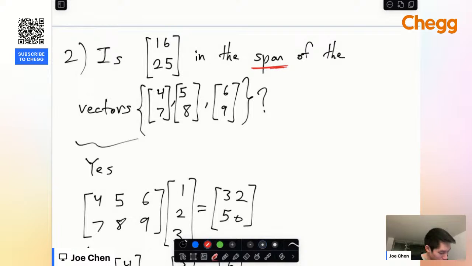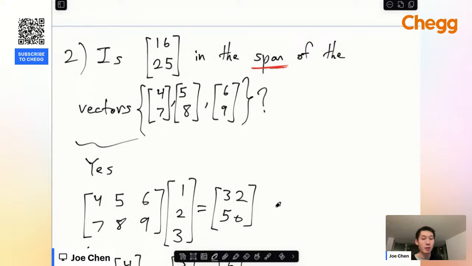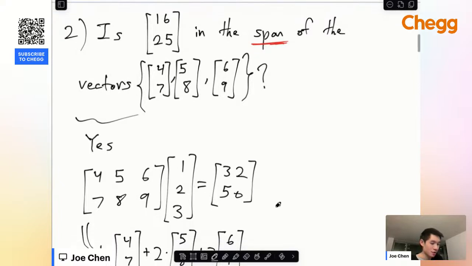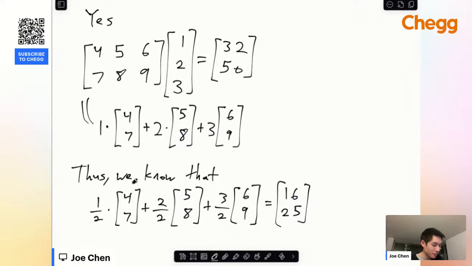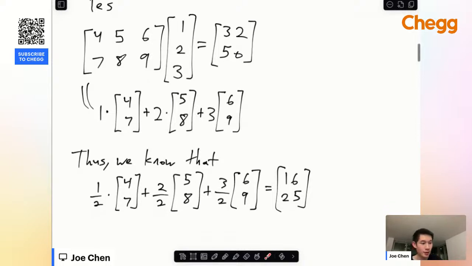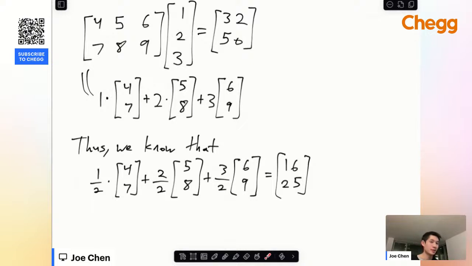It has a specific definition, but without writing that out, this is what it means. It means that there is some combination of these vectors, a weighted sum with the right numbers, that gives the vector that I'm asking to be in the span. So that's how we should think of span as well.